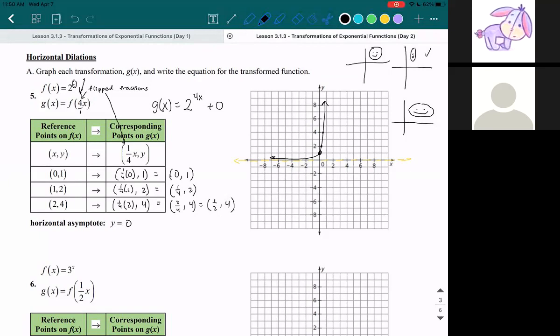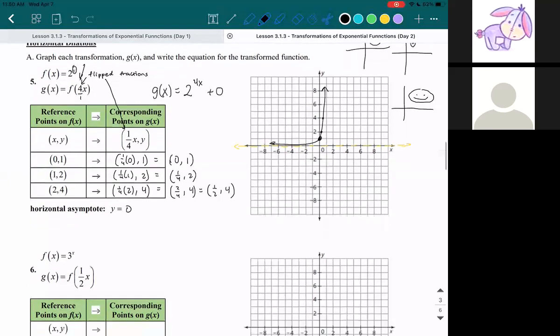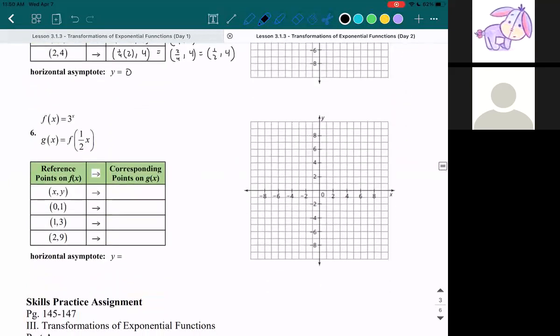Okay, so that was number 5. Let's go on to number 6. And you will notice that we are doing 3 to the power of x and then multiplying, or now it's f of 1/2 x. So remember that this number and the number that we put in front of the x here is going to be flipped fractions.